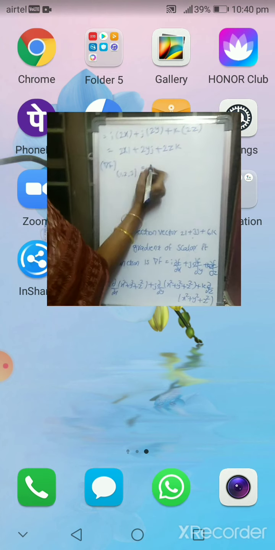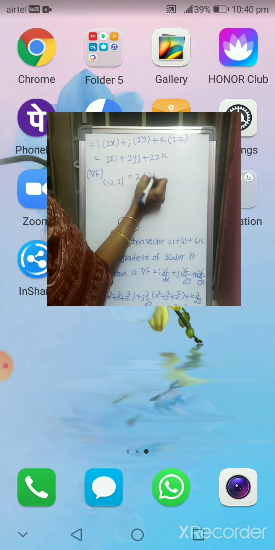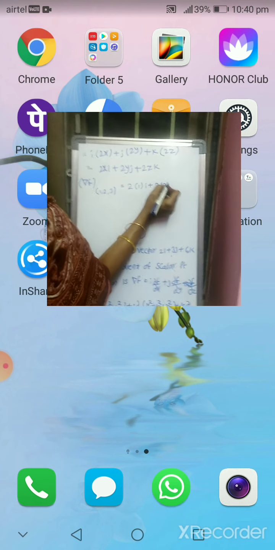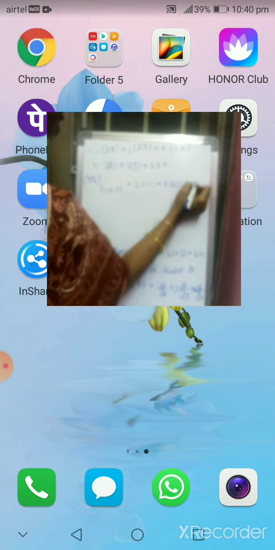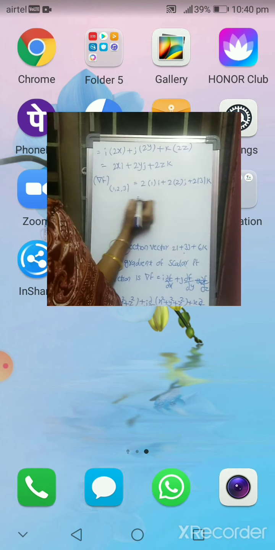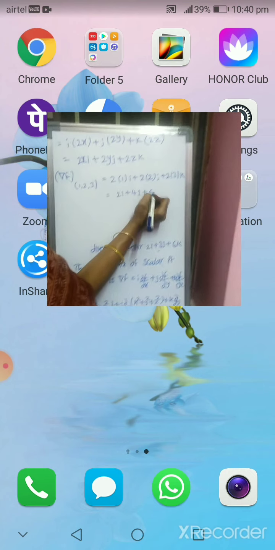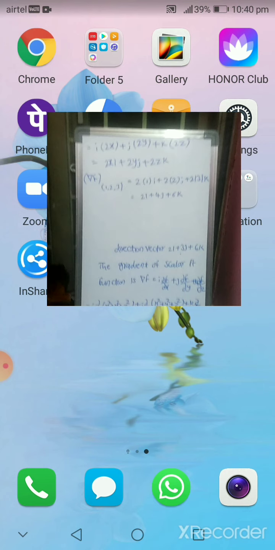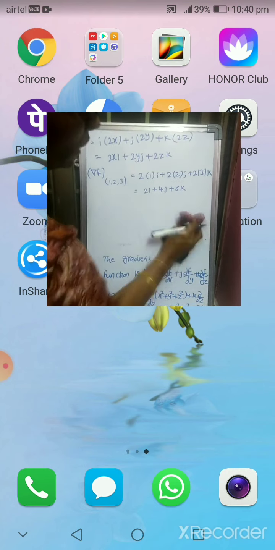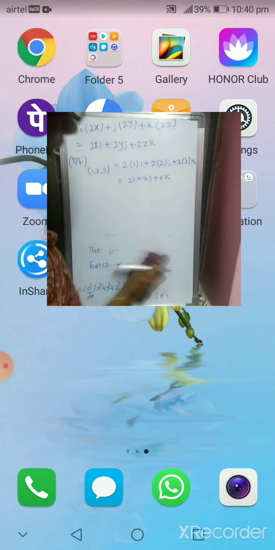So 2 into 1 i plus 2 into 2 j plus 2 into 3 k. So that is 2i plus 4j plus 6k. So this is the grad f at 1, 2, 3.